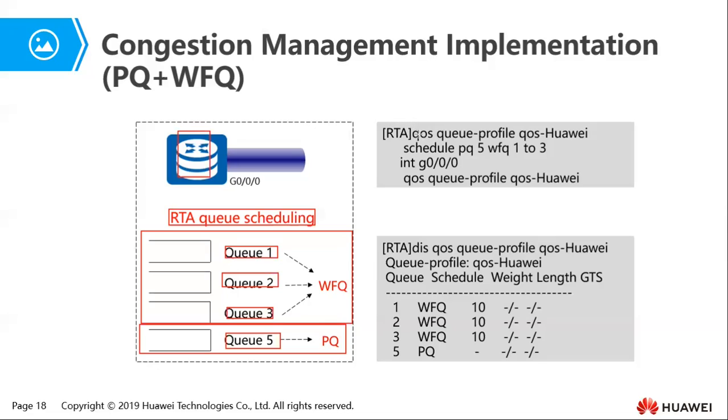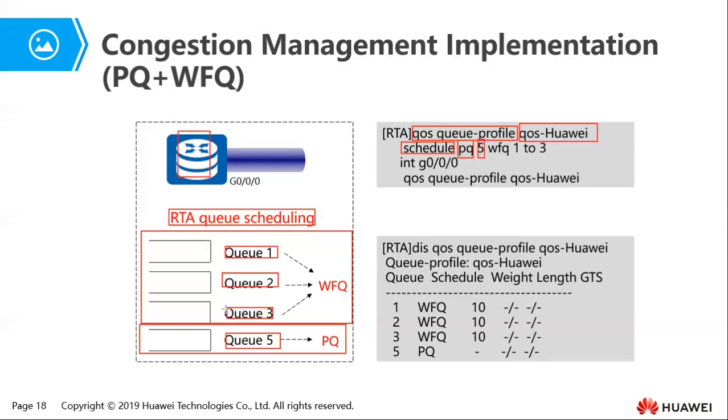The command is qos queue-profile, then the name of the queue. You can give it any name. Then you use the keyword schedule. Then you specify PQ for priority queue, then the queue number, Q5.